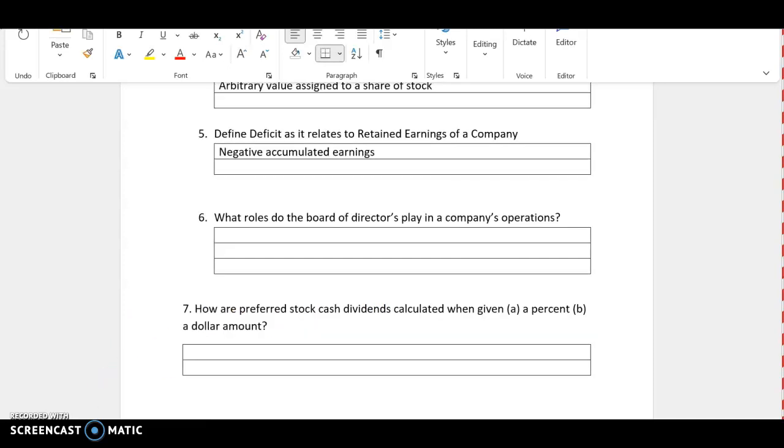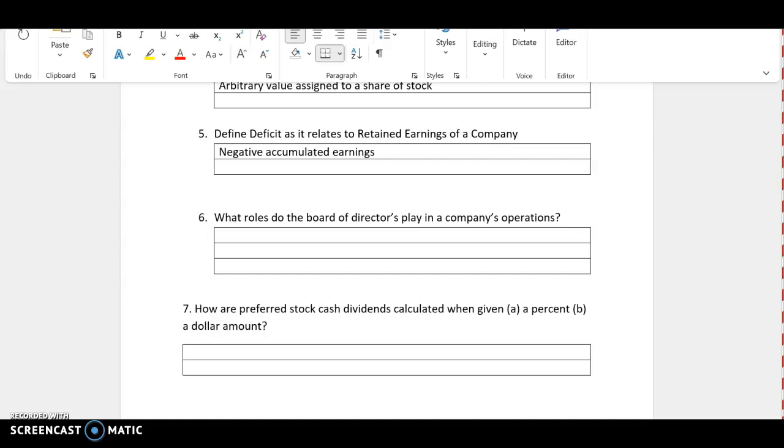What roles do the board of directors play in a company's operations? Remember, the stockholders elect the board of directors, and then the board of directors decides on major business policies. They have specific duties like authorizing contracts, setting executive salaries, and arranging major loans with the bank.